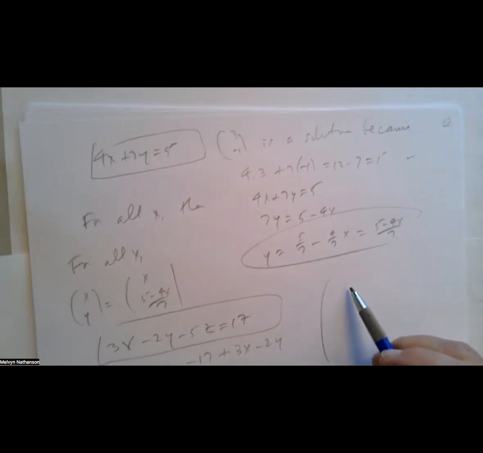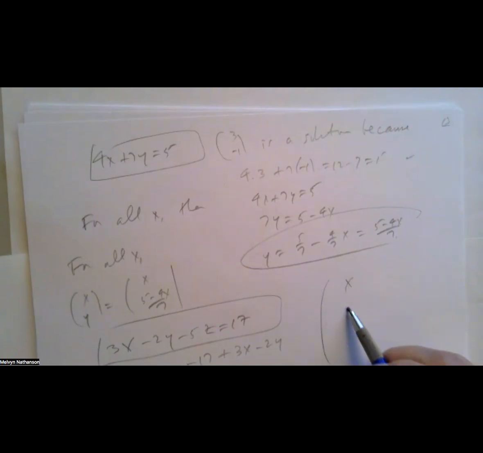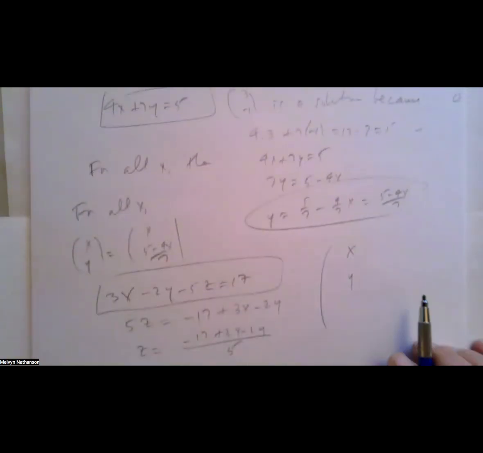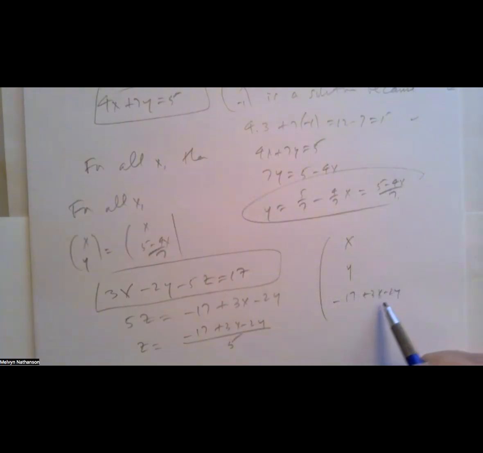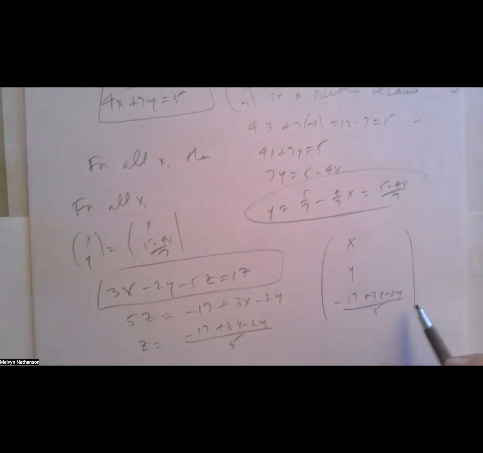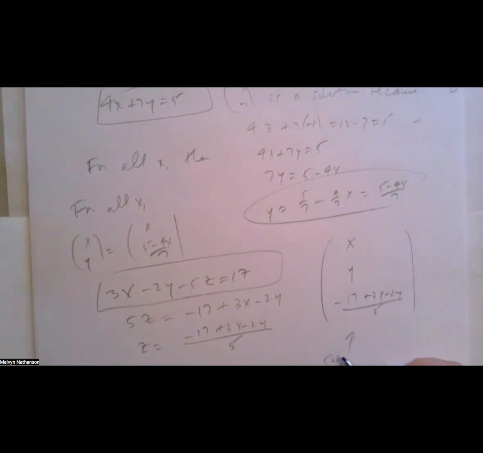So if I take any numbers x and y and make them the first 2 coordinates of a vector, and I let z be (minus 17 plus 3x minus 2y) over 5, this is a solution.